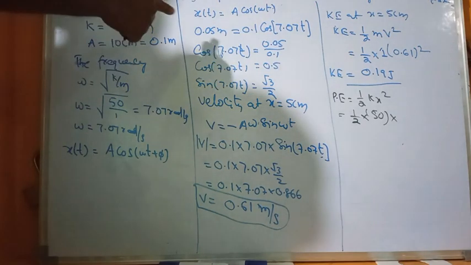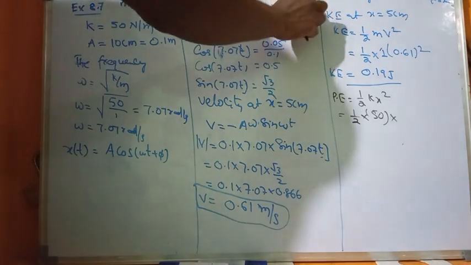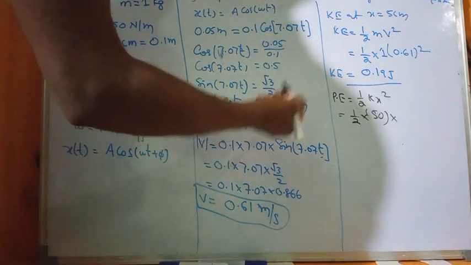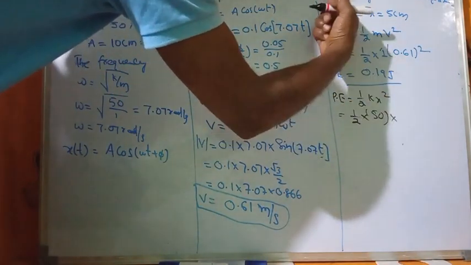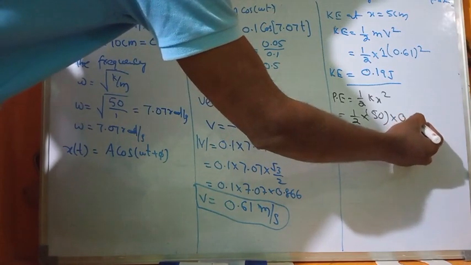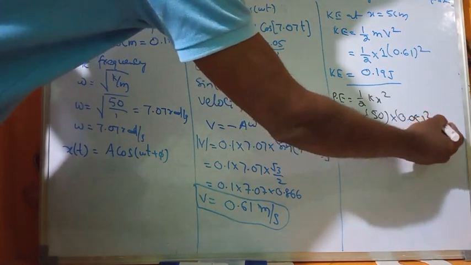The given position is 5 centimeters, and we have to take it in meters, that is 0.05 whole square.